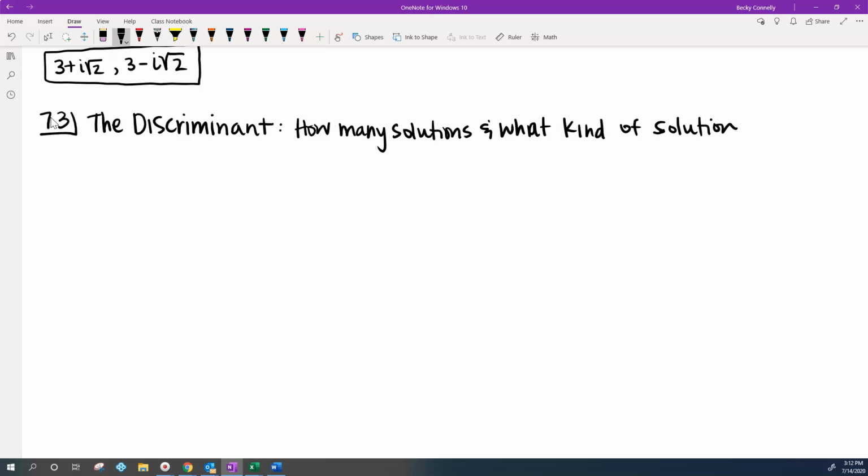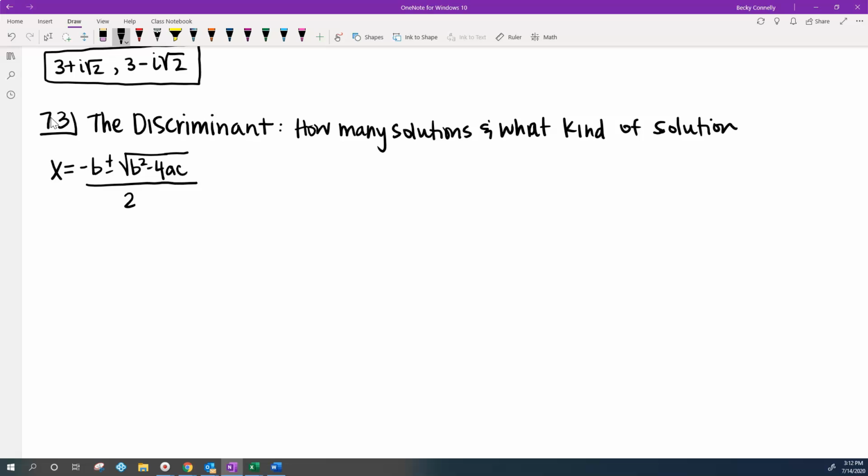Okay, so let's look at a few things with the discriminant. So remember that the quadratic formula says, I'll sing it one more time for you, because I heard you guys wanted an encore, so here we go. x equals negative b plus or minus square root of b squared minus 4ac all over 2a.